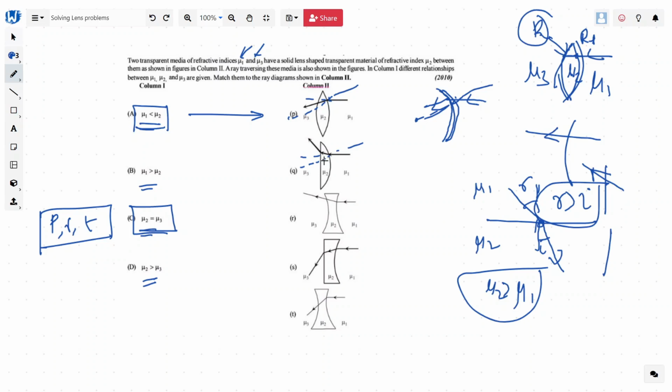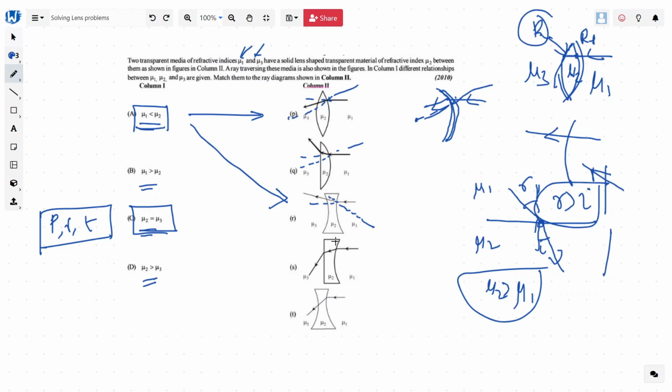So this is not a valid one. Now let's look here. The ray of light is coming like this, then goes like that. Here is the normal on this side of this surface. The ray of light is bending towards the normal, so this is also true for this one.